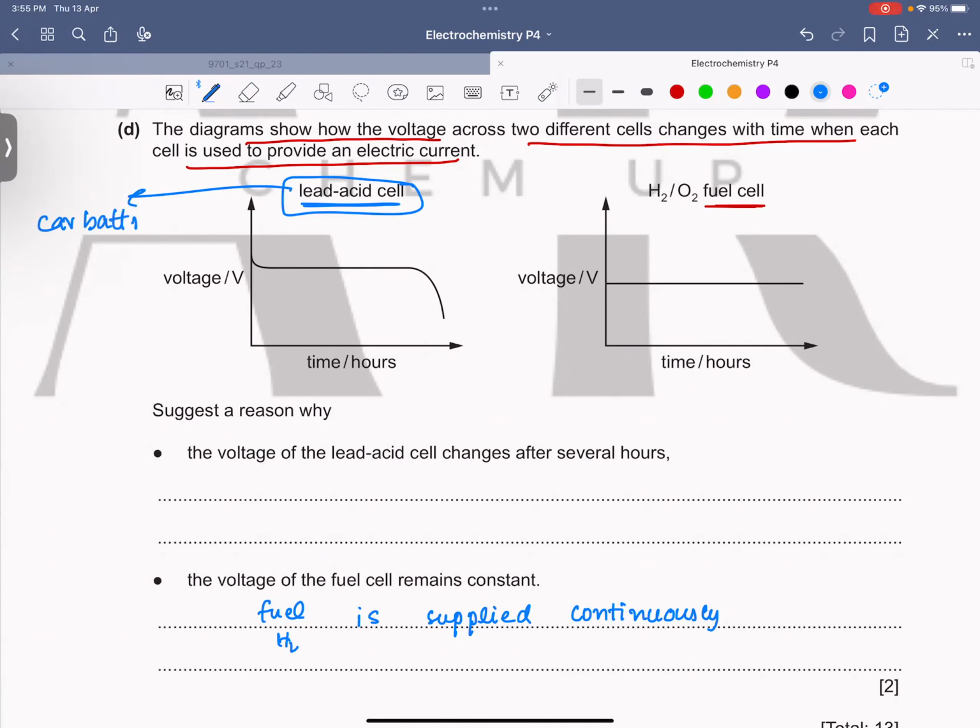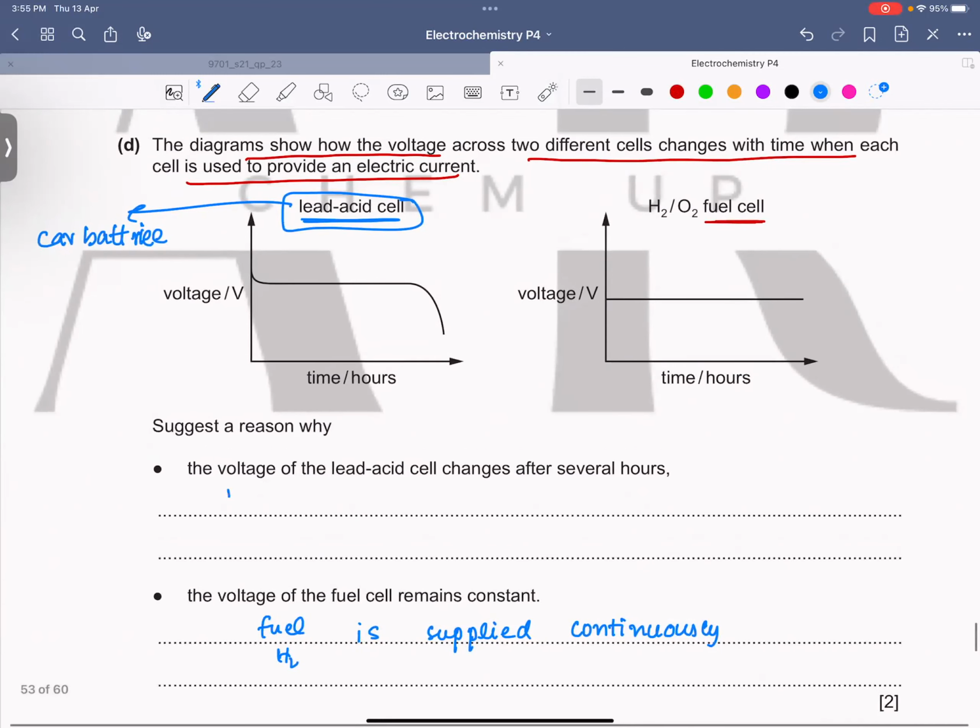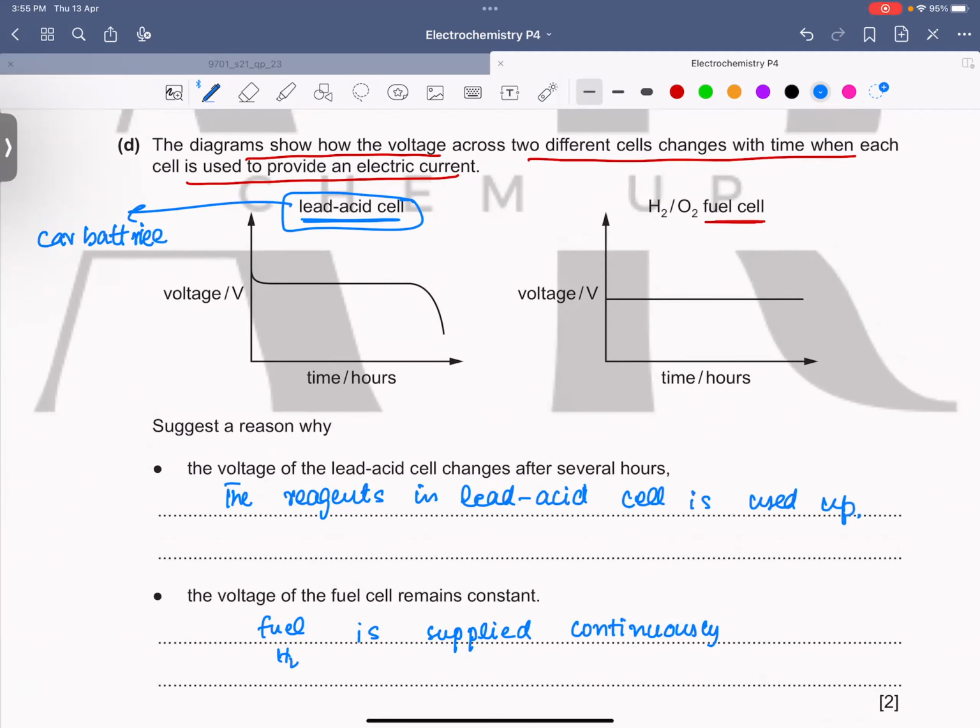So there is no fuel over here, and after some time the reactants in those car batteries must be used up, or their concentration decreases, so the voltage decreases. Are these 2 points clear to everyone?